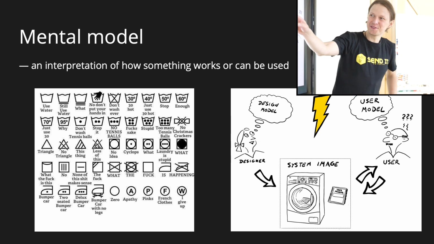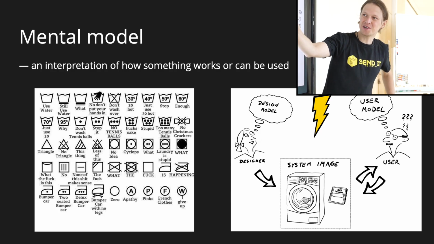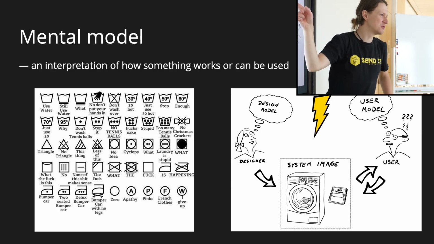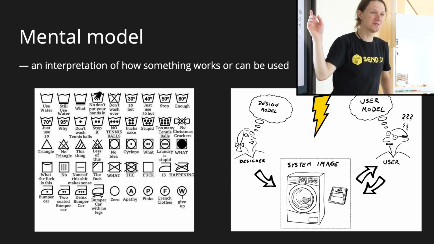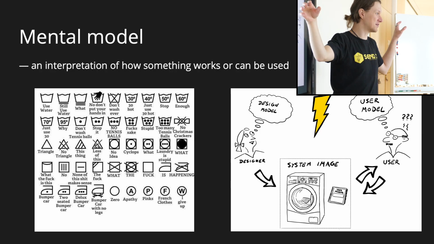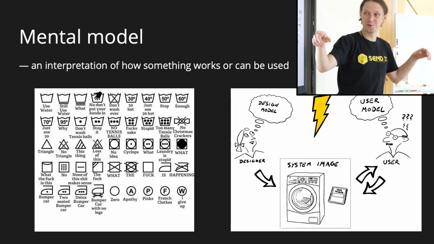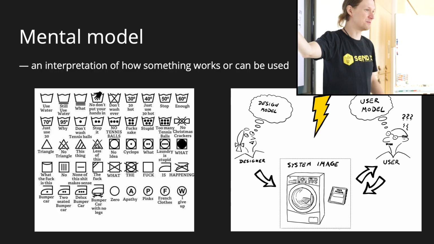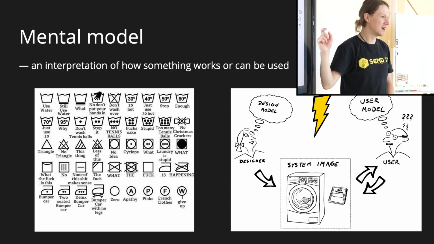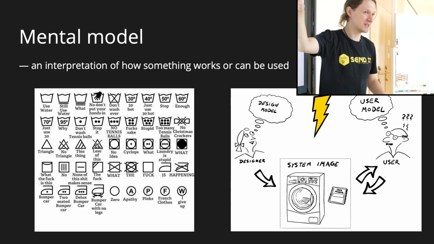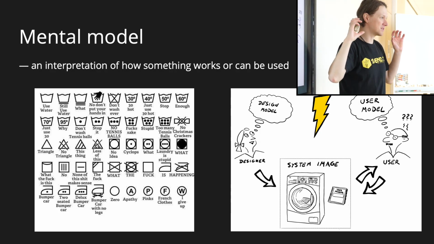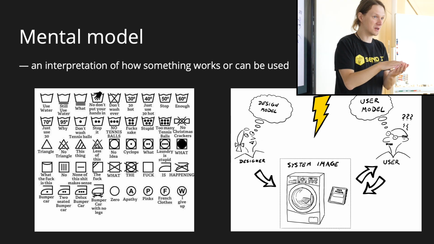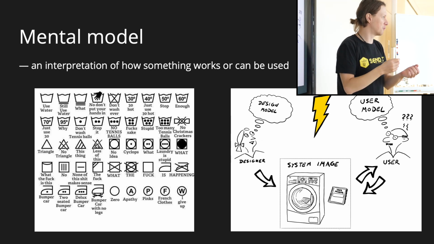So this mental model, we cannot just teleport it from the designer's head to the user's head directly. Their brains are not connected. And if they met each other, it still wouldn't be easy to pass that mental model from the designer to the user. You have to download this rich and complex understanding of the world into something like text or speech, like little mouth movements.